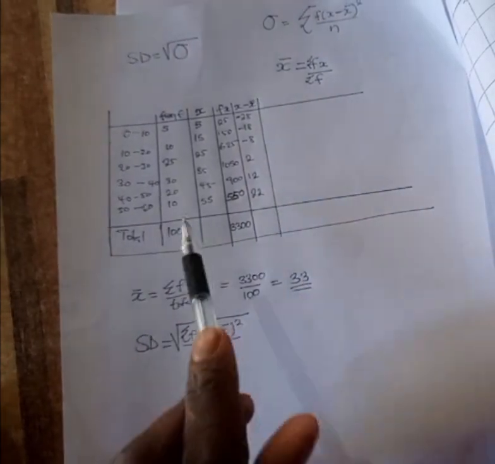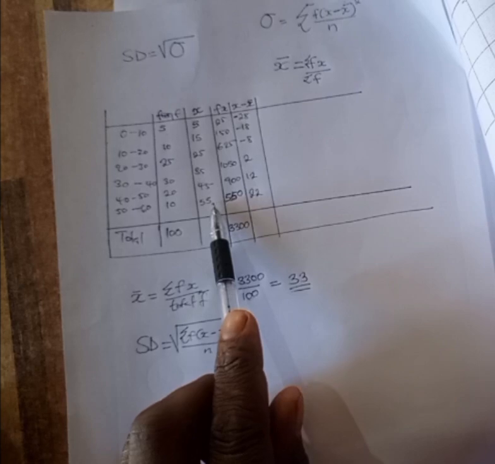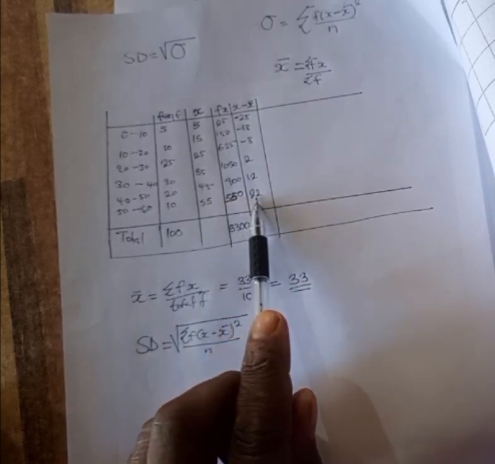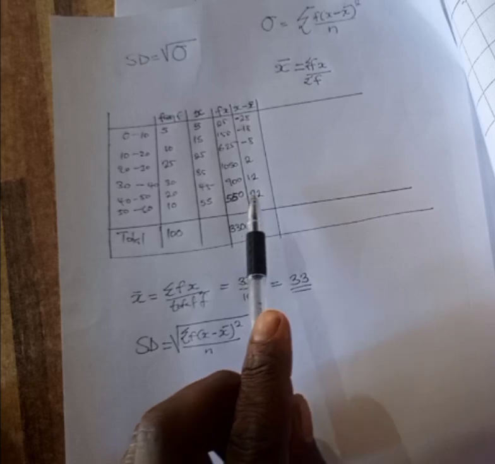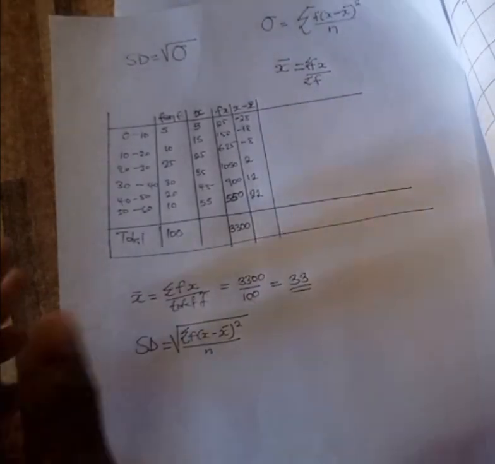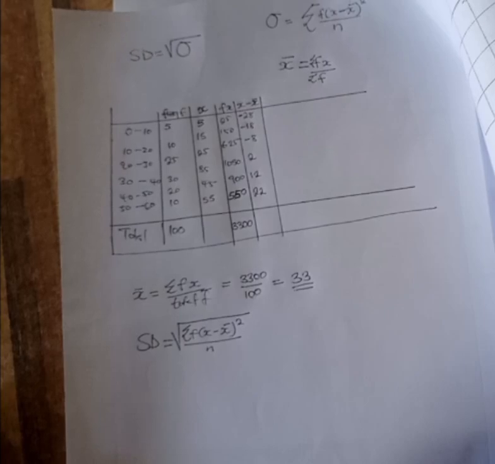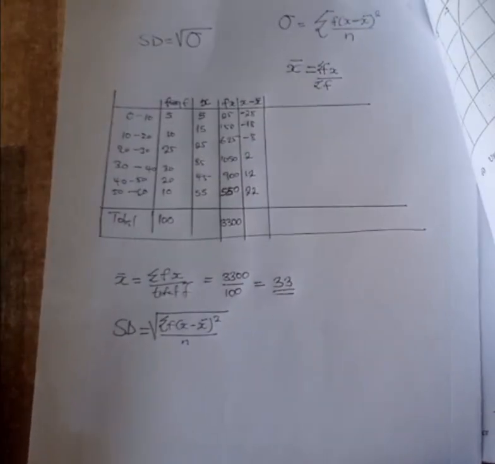For example, we have 55 minus 33, we have 22. So these are the answers we have.